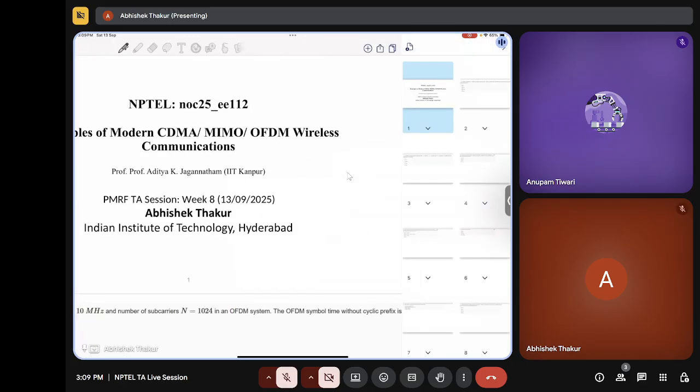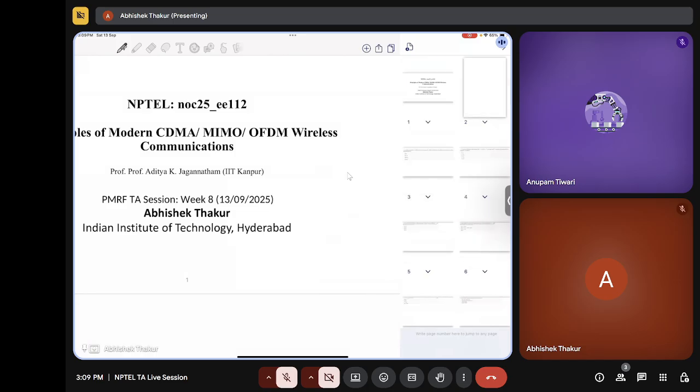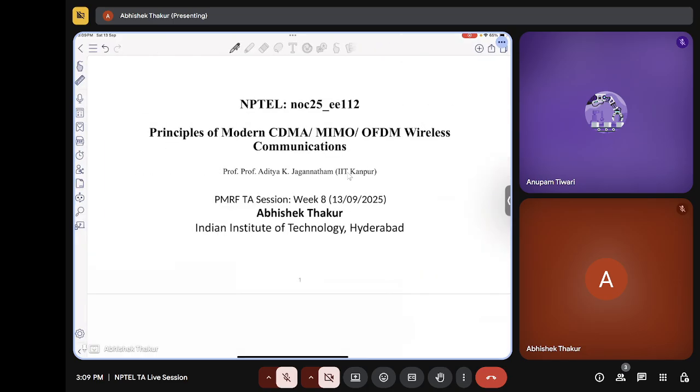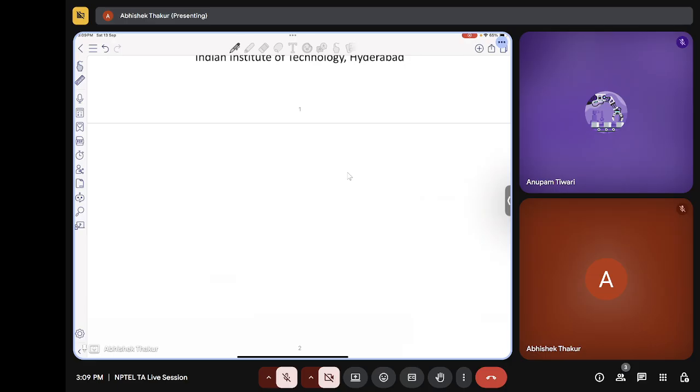Today we'll start with the basic concepts of OFDM first, and then we'll solve some questions based on that.